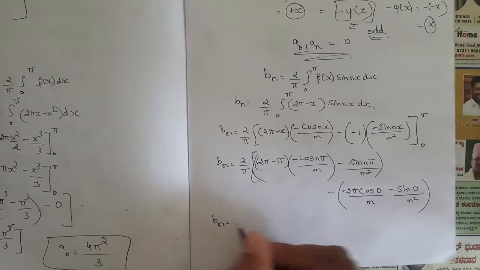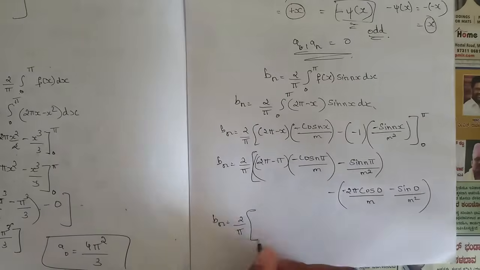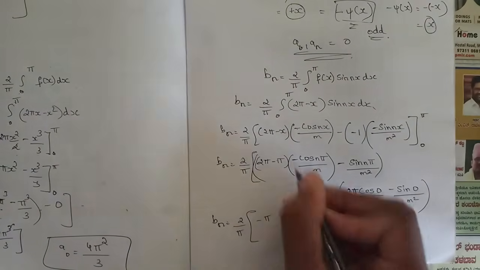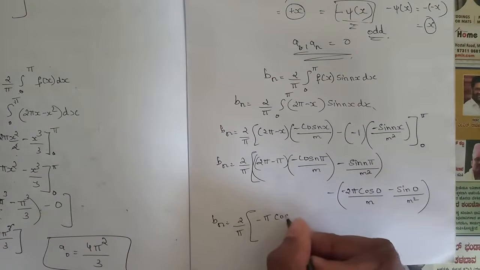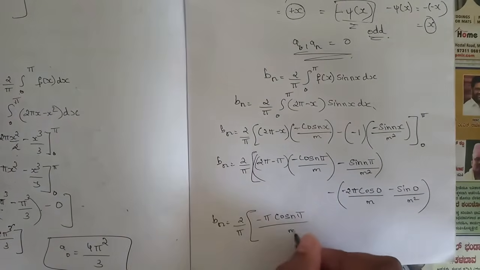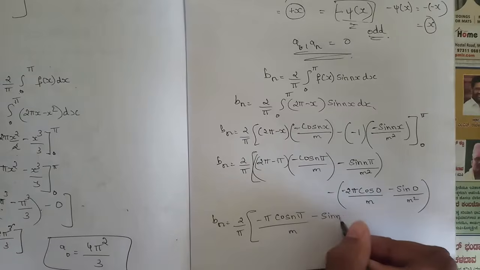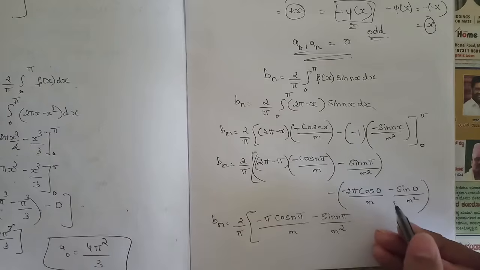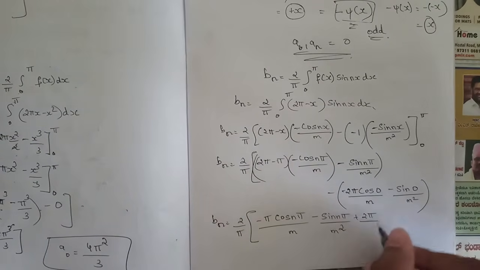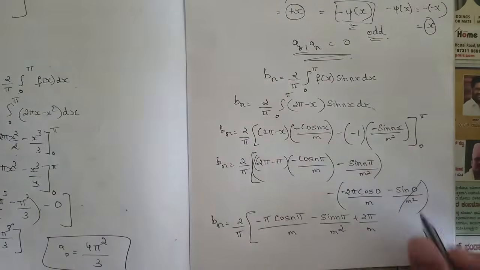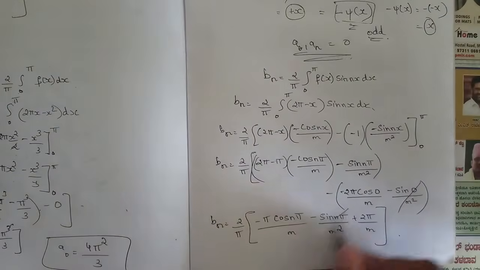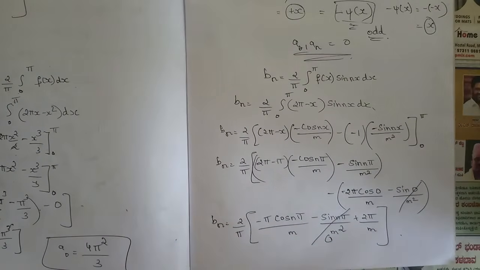So it becomes 2 by pi, 2 pi minus pi is pi, so I write this pi out, minus sign outside, cos n pi by n minus sin n pi by n square, minus into minus is plus, and the value of cos 0 is 1, so plus 2 pi by n. So this becomes 0, so I'm not going to write that. Here this term gets cancelled, sin n pi is 0.